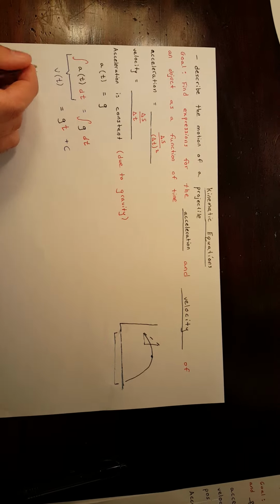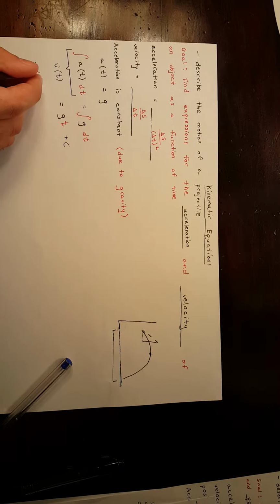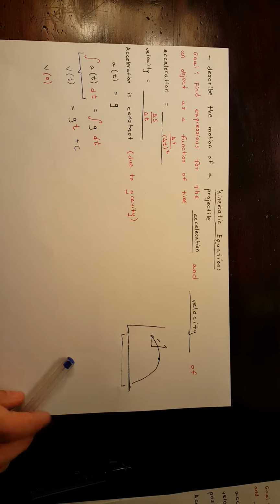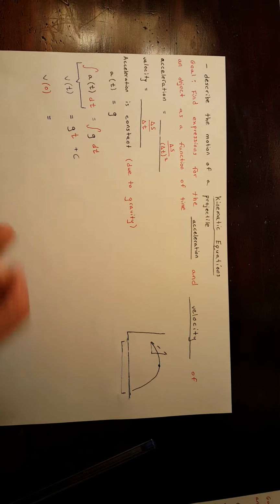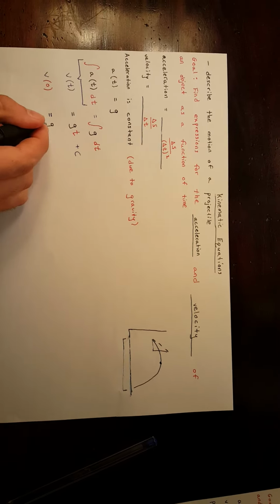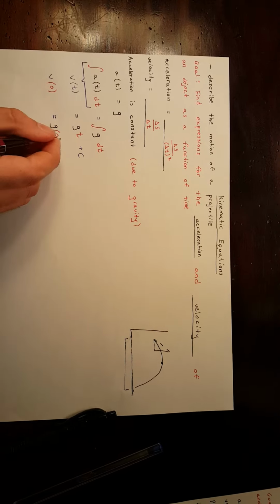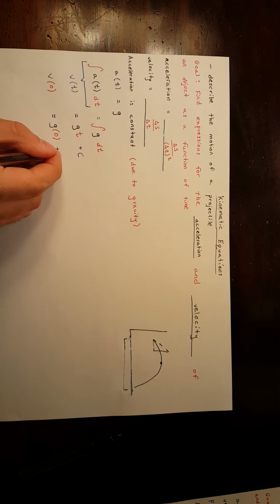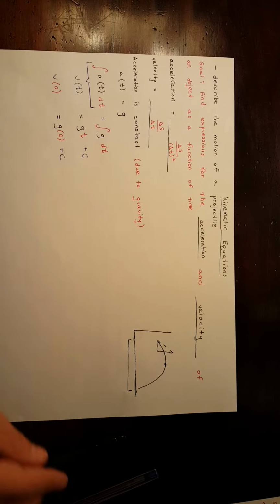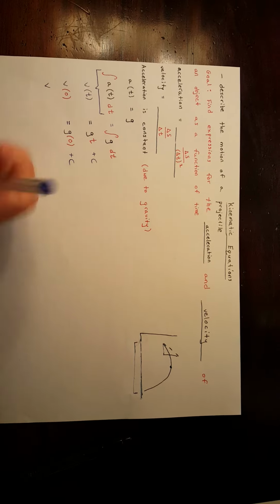So v of 0 equals g times 0 plus c. So another way of saying v of 0 is the initial velocity.